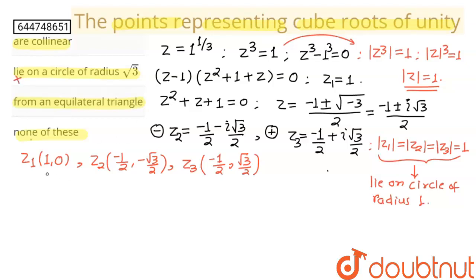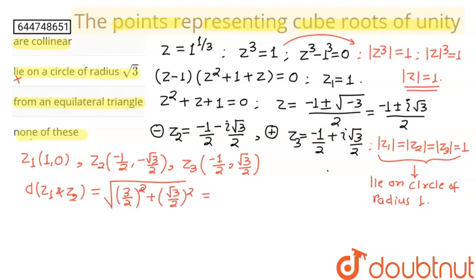Now I'm going to find the distance between z1 and z2. Using the distance formula, this will be the square root of (1 minus minus 1 by 2, this will become 3 by 2) squared, plus (0 minus minus root 3 by 2, this will be root 3 by 2) squared.